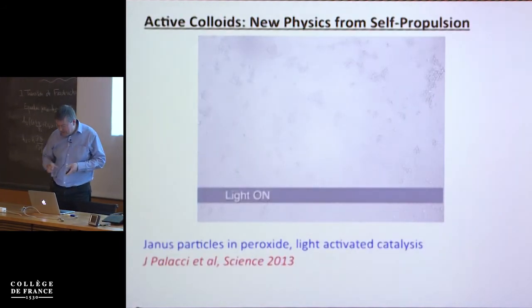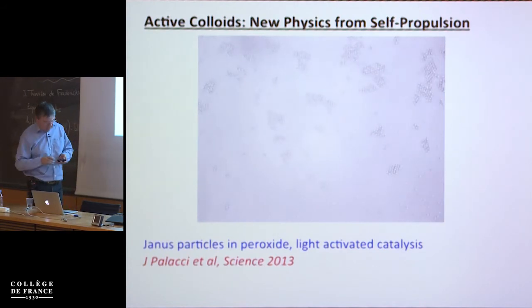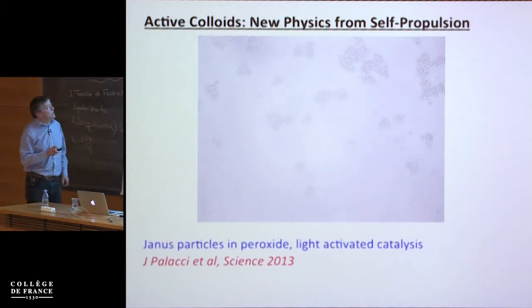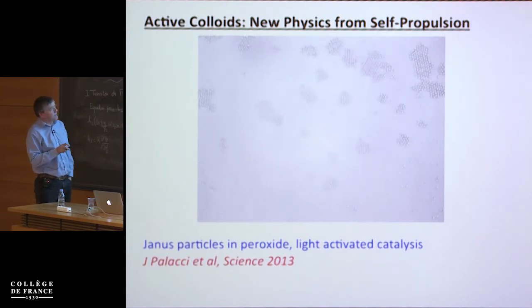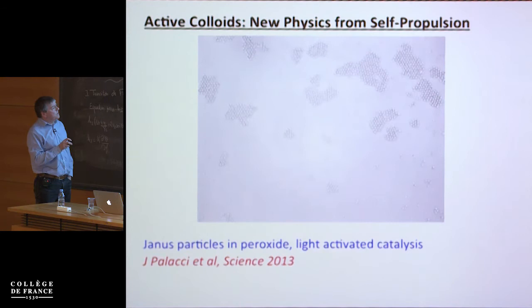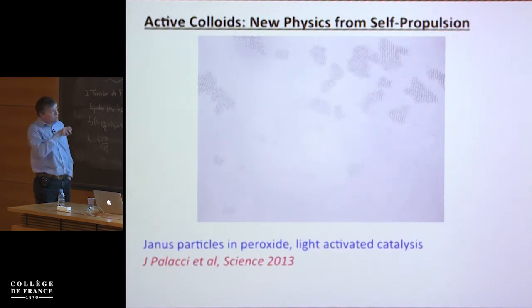So we know what happens in those cases, and again, this particular movie has been shown thousands of times around the world at all kinds of seminars, conferences, and lectures, so I'm going to show it yet again. These are Janus particles in peroxide.